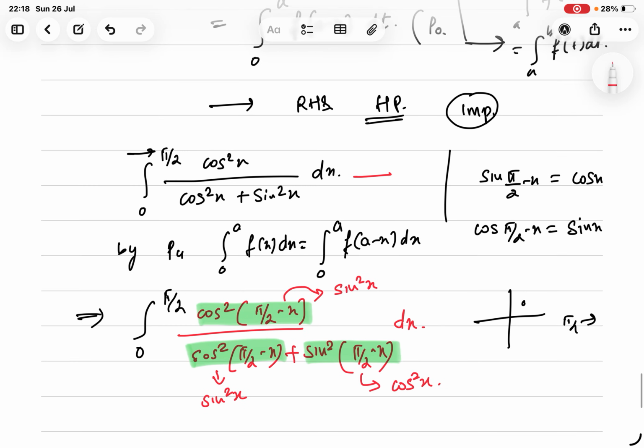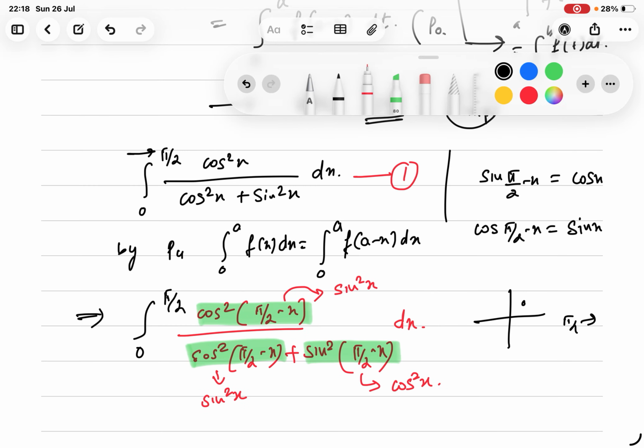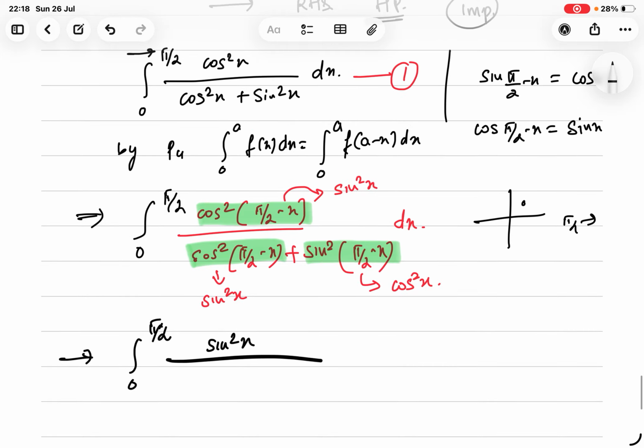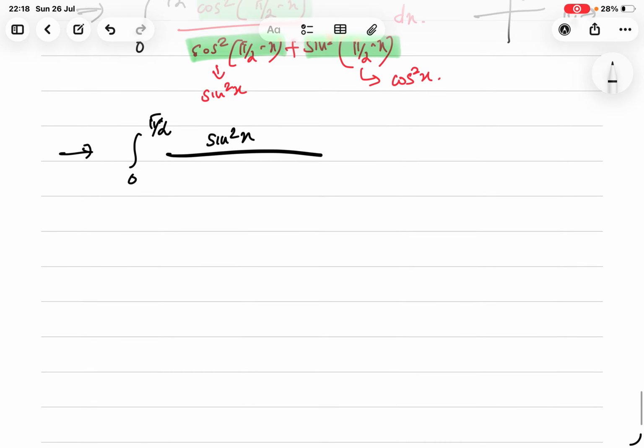And already this is equation 1. I hope this is clear. You can take the interval 0 to pi/2, and cos square becomes sin square, because already I have written here. So you can follow that: sin square x over sin square x plus cos square x with respect to x.